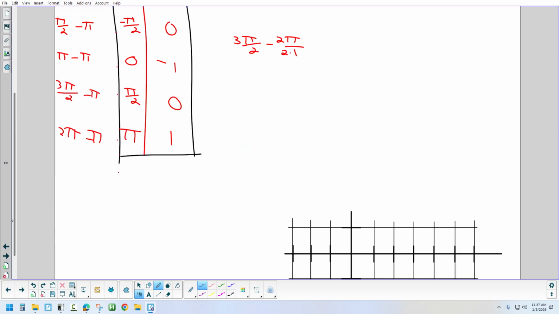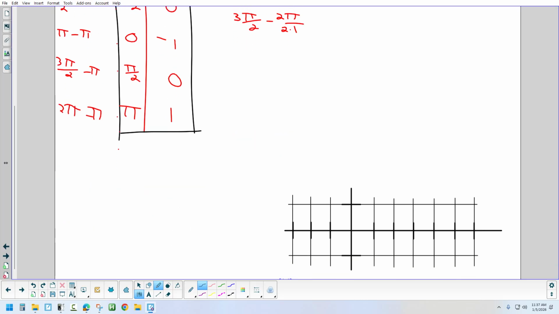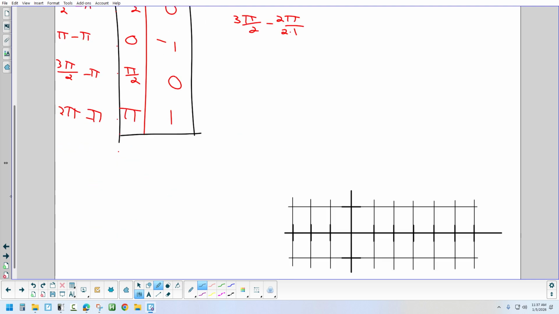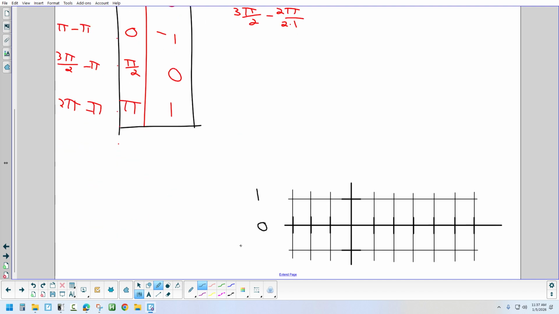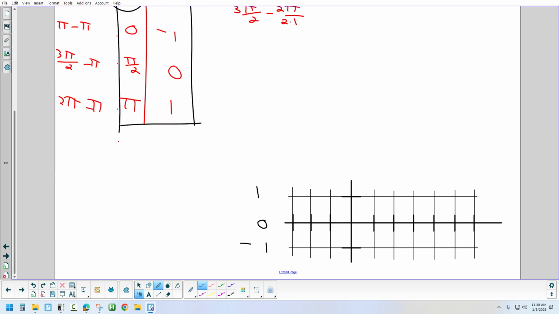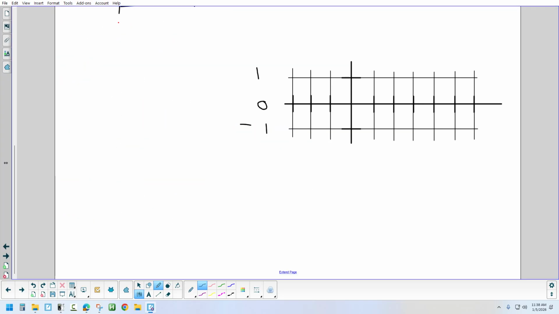All right, so now let's do our graph. Again, highest and lowest is 1 and negative 1. And we have to go from negative pi to positive pi. So we need 2 values in the negative direction, so I would put negative pi right there.